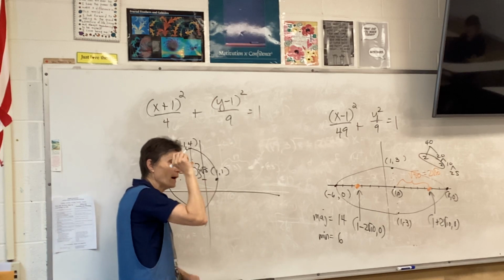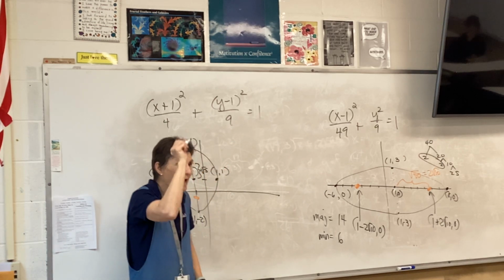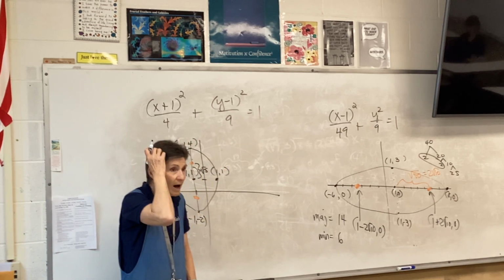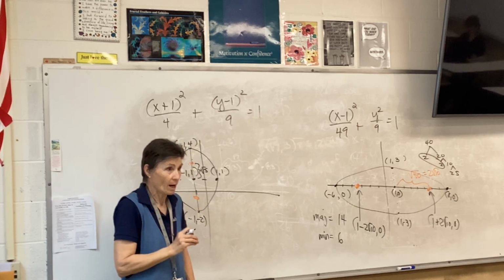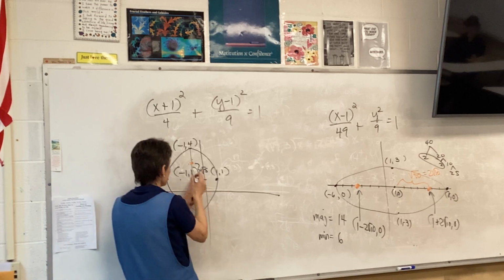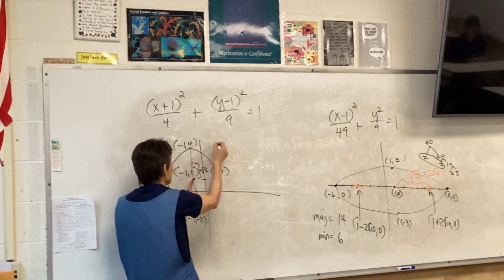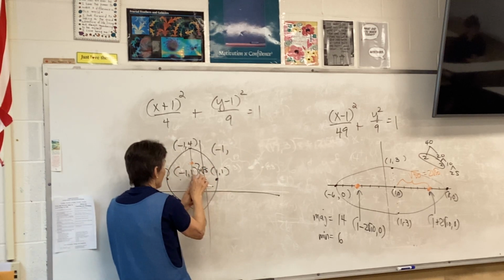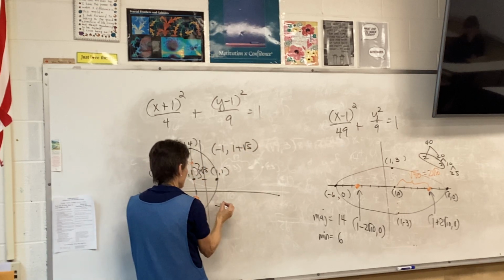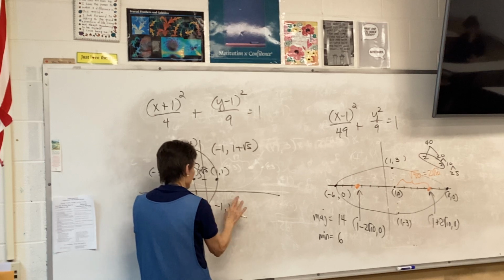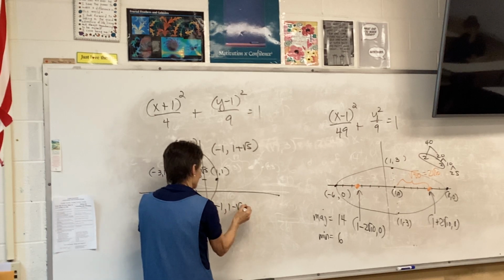Now, if I'm going up and down, I'm going to add and subtract root 5 from y. So I'm going to start right here and say, okay, this is the point negative 1, comma, 1 plus root 5, and negative 1, comma, 1 minus root 5.